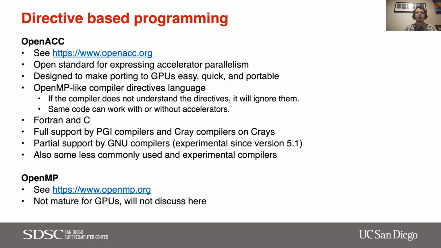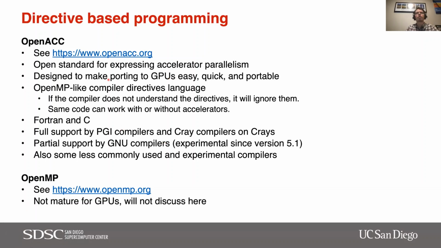So OpenACC is directive-based programming, and it's an open standard for expressing accelerated parallelism. So what that means, it is a standard. It's being adopted by different vendors, not only NVIDIA, right?